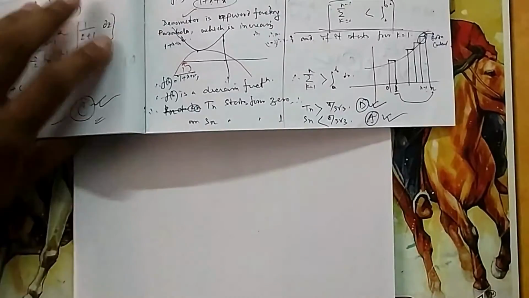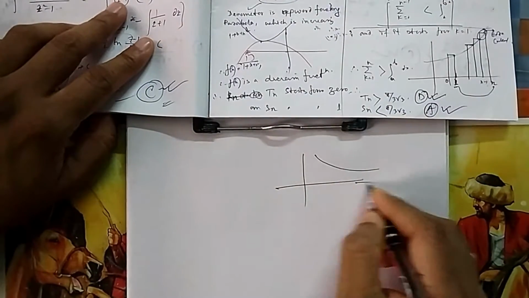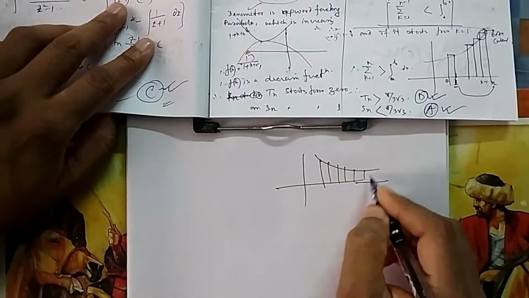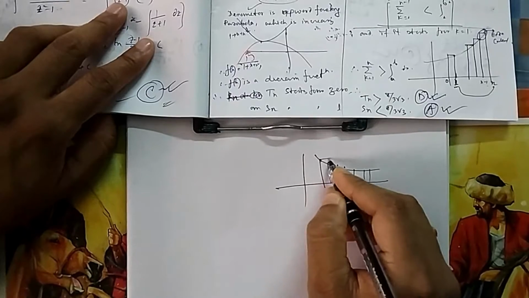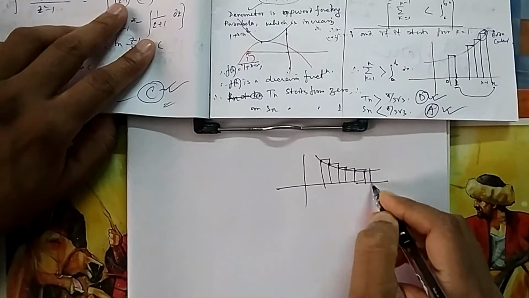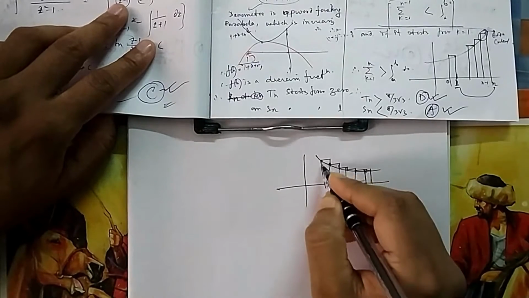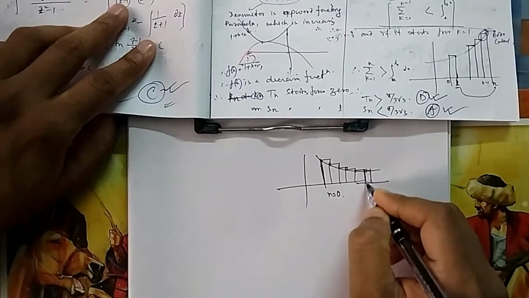So this is a decreasing function. Now if you start splitting it, and you start from r equal to 0 and reach up to n minus 1, r equal to 0 means you are taking this side, and lastly you are taking this side.